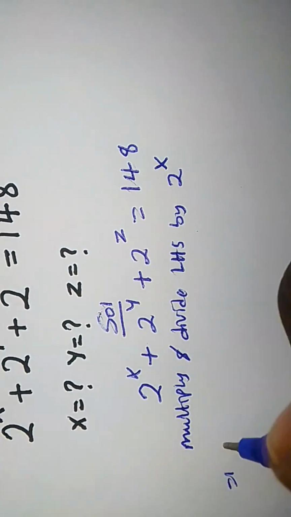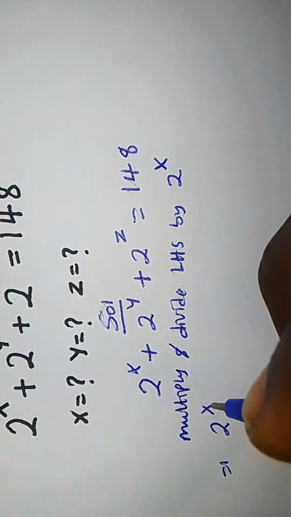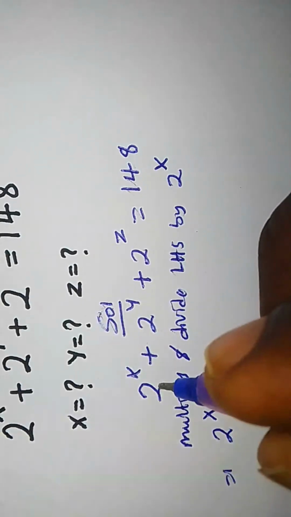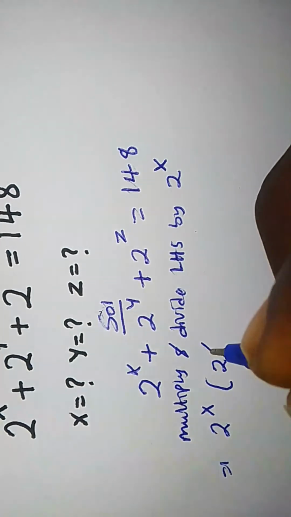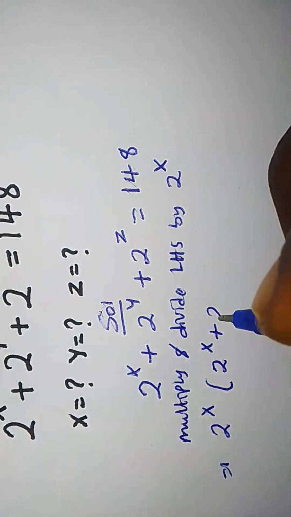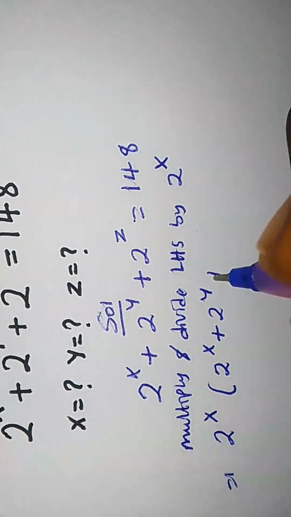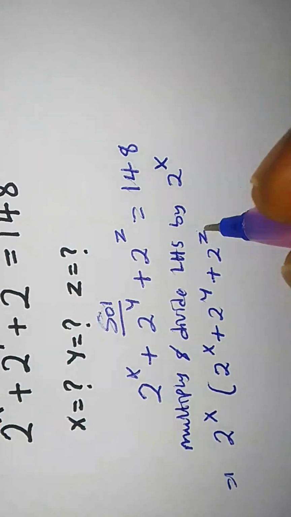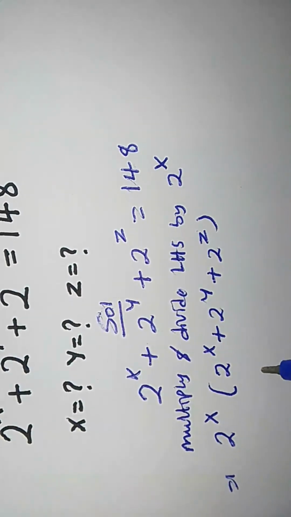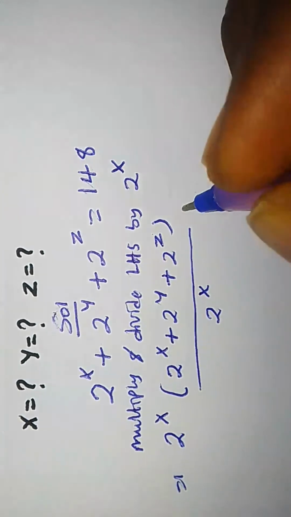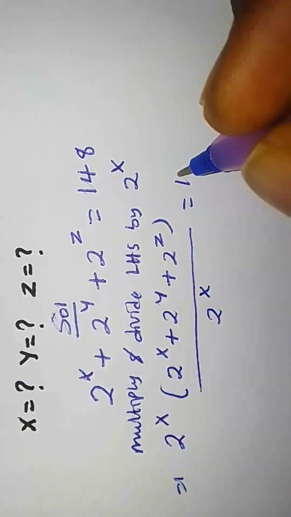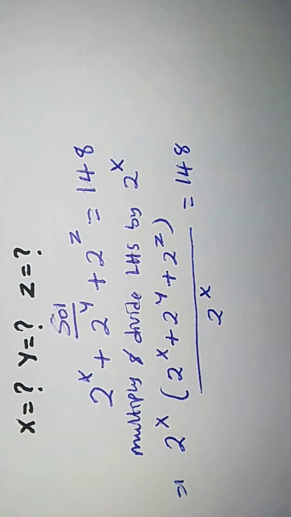So we have 2^x into this left hand side, 2^x + 2^y + 2^z, everything divided by 2^x, equal to 148. Let's continue.